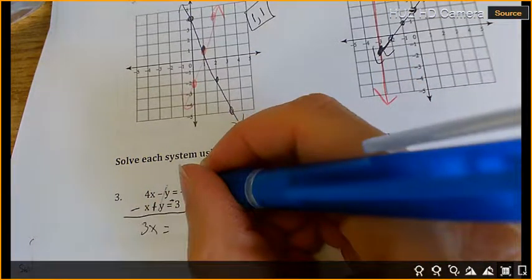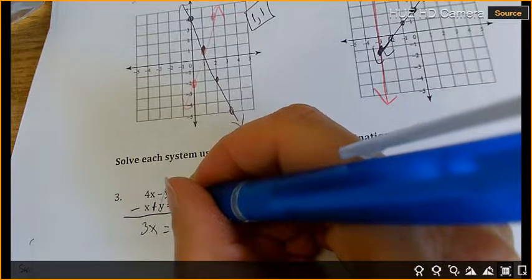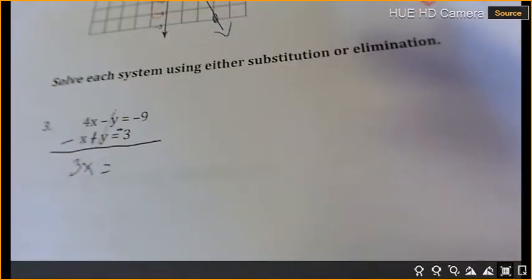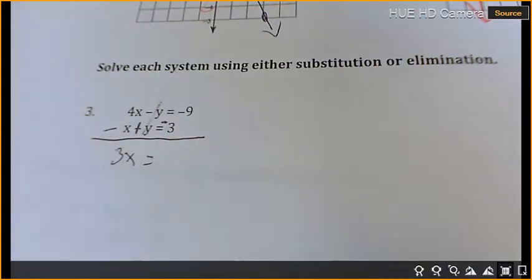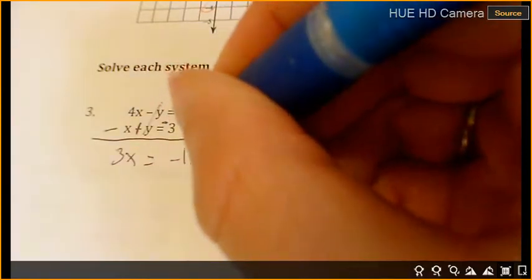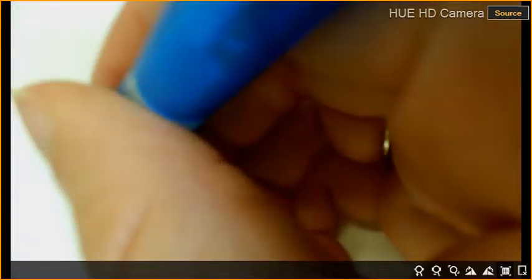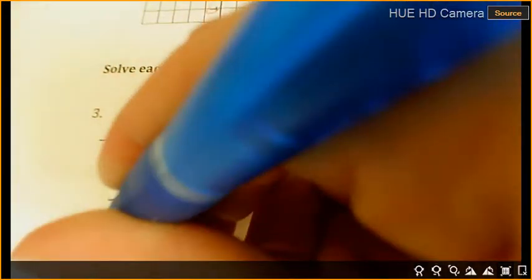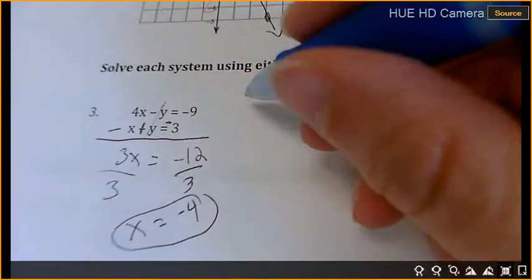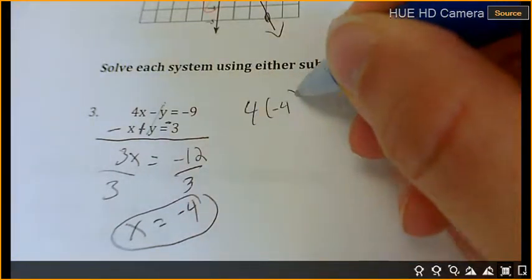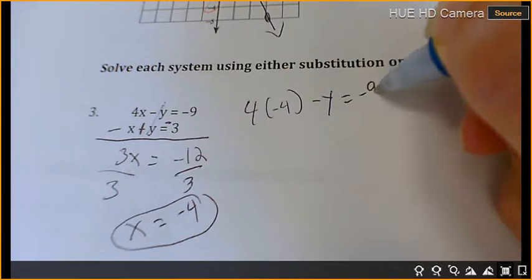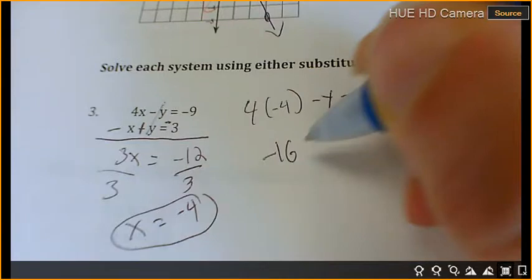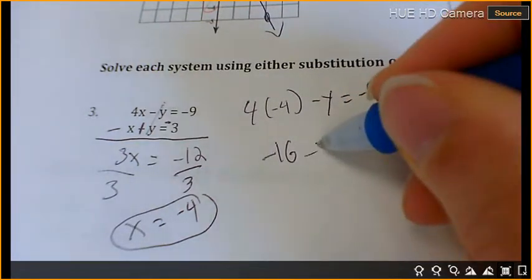Okay? -9 and a -3 is a -12. Now I'm going to divide both sides by 3, and I get x equals -4. Now I'm going to plug this into my original equation. I go 4 times -4 minus y equals -9. 4 times 4 is, okay, remember it's -16 because it's positive times a negative. Minus y equals -9.